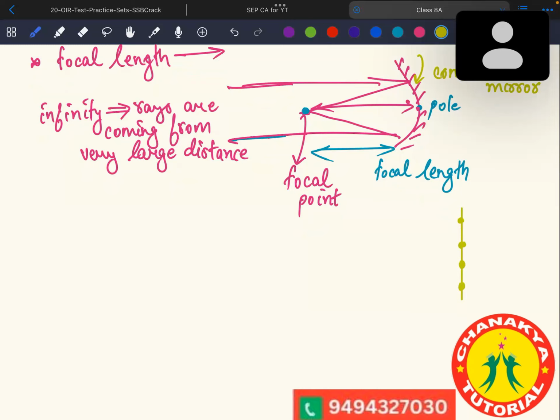Then we can find out the pole, right? So you're asking me that if we can put any point in the mirror and it will act as a pole, right? Yes, sir.